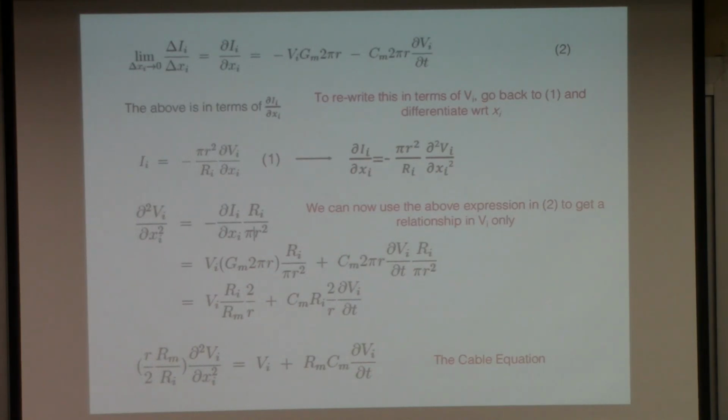It's not dimensionless. X has dimension of space, typically measured in centimeters, because our specific membrane parameters, remember, are in units of ohms per centimeter or microfarads per centimeter. Distance is measured in centimeters. And there's a time term involved here, a derivative of voltage with respect to time.